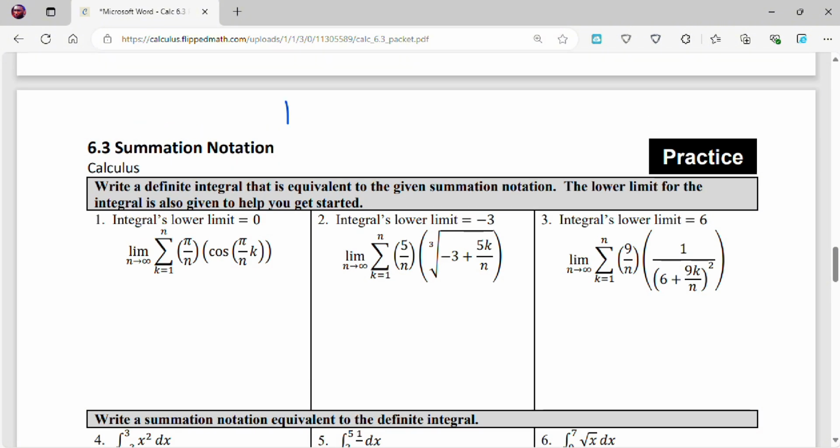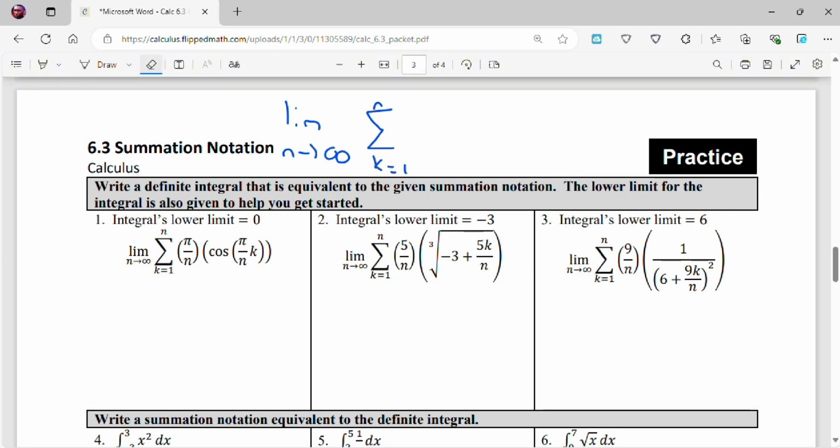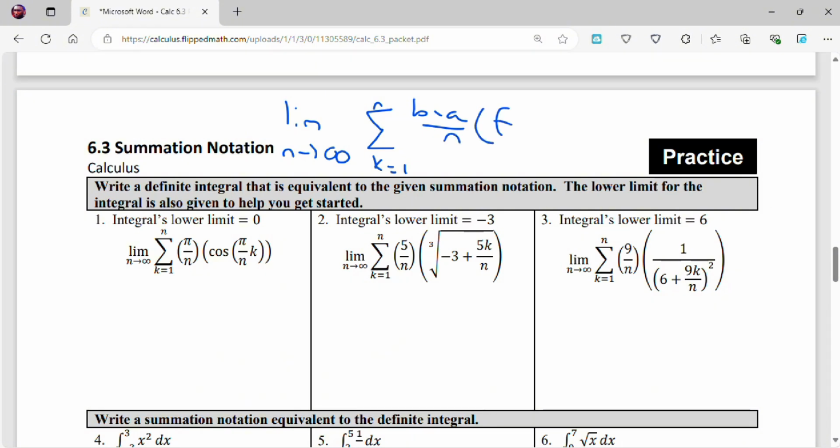And as a reminder, the limit as n approaches infinity, k equals 1 to n rectangles, of b minus a over n times f of a plus b minus a over n times k. That is the definite integral as a summation notation.